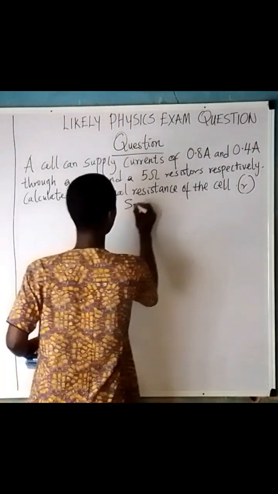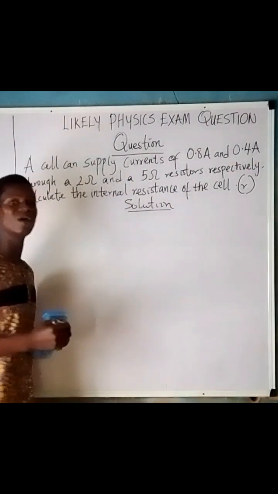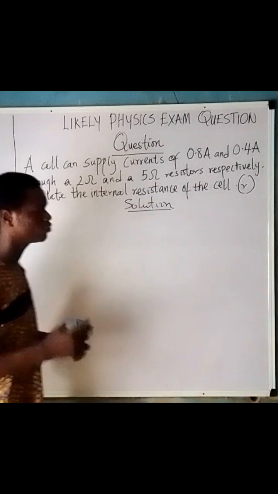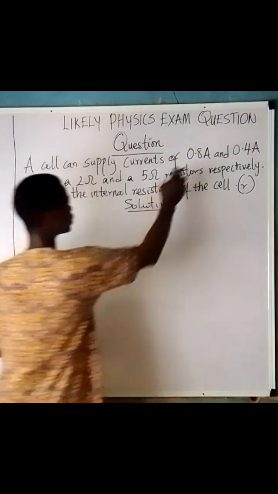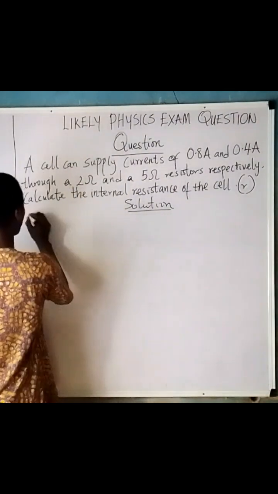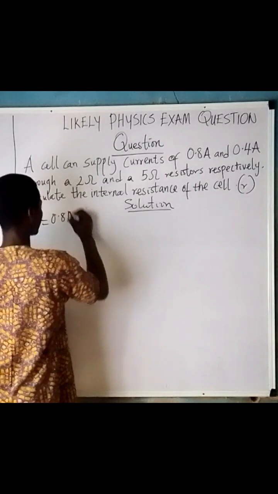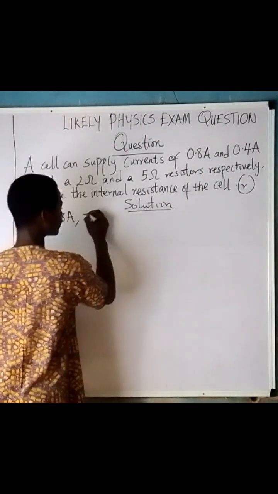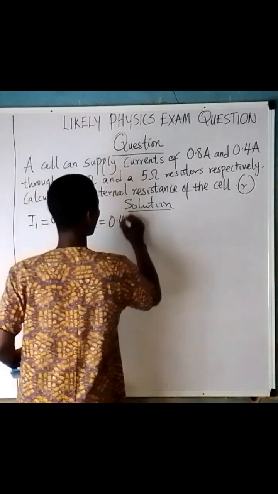Solution. Observe something. We're given two currents and we're given two resistors. Now if you've studied EMF of a cell, you understand something. We will call this our first current I1. Capital I1 is equal to what? 0.8 ampere. The second current will be capital I2 equals what? 0.4 ampere.